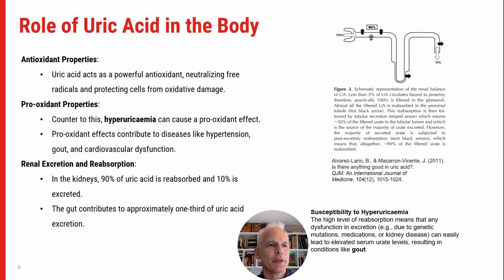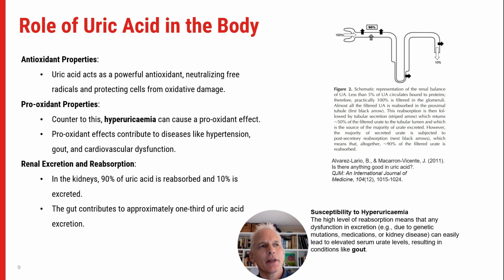Now, there are some potential reasons why we have lost the enzyme uricase. There has been lots of discussion over the last 30 years trying to work out why we have lost the ability to break down uric acid, and we wonder whether it is actually a beneficial thing.